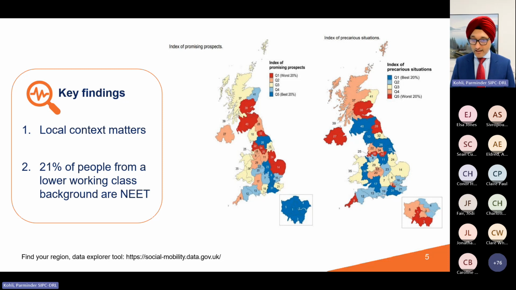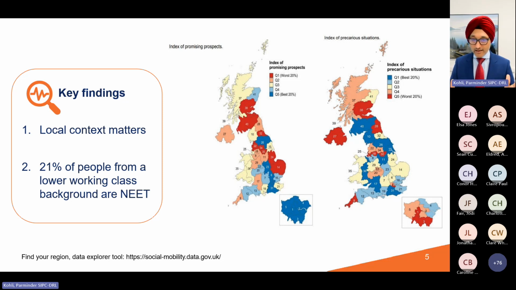While London, as you can see from the chart on the left, provides an enormous amount of opportunity to improve your prospects in life by allowing you to go for jobs which are not available in other parts of the country, and also in terms of educational outcomes and income mobility, it also, at the same time, has a very high level of youth unemployment and poverty.